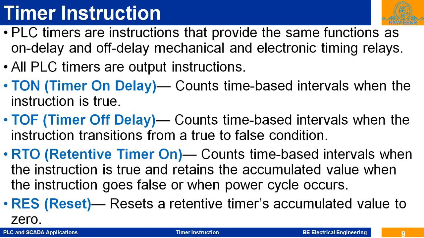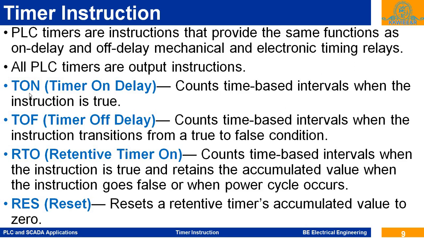When it receives the input, the timing instruction becomes true and it will generate the output, the done bit or the timer's timing bit. So they will operate the output, and they are called output instructions.